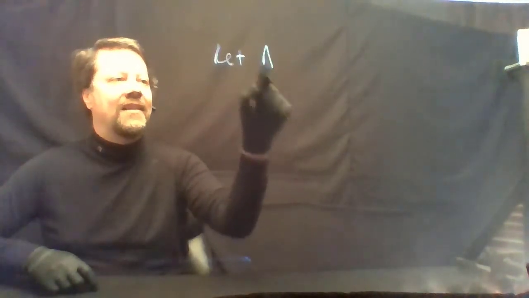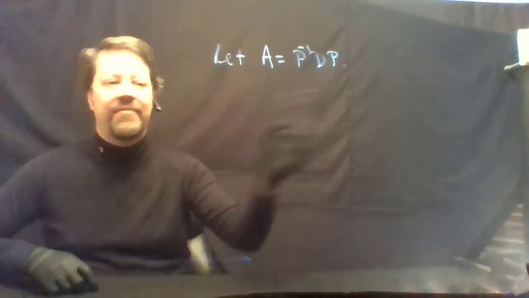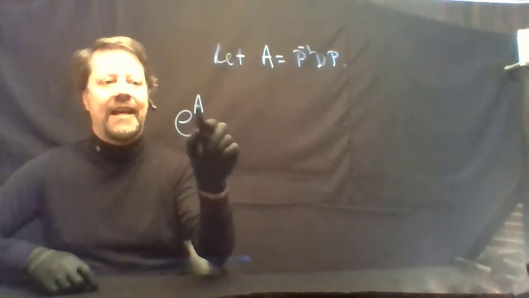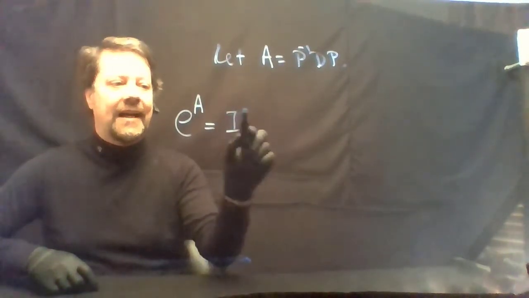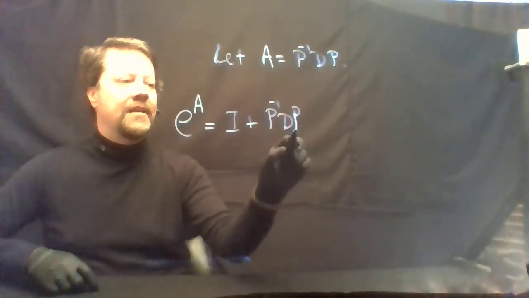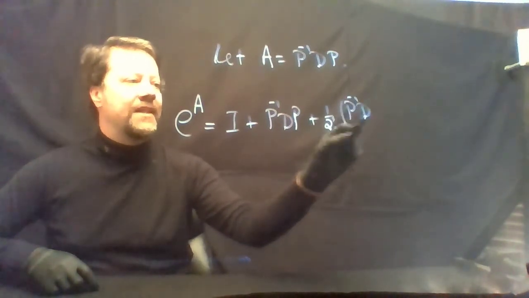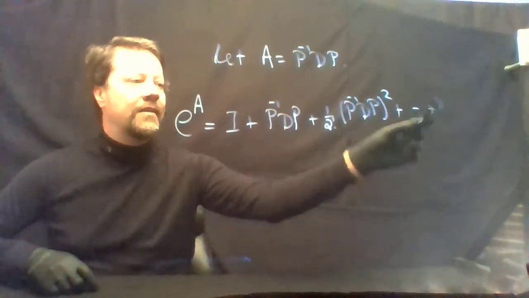Let's let A be P inverse D P. Let's calculate e to the power of A. By definition, it's I plus P inverse D P plus 1 over 2 factorial P inverse D P squared, and so on.